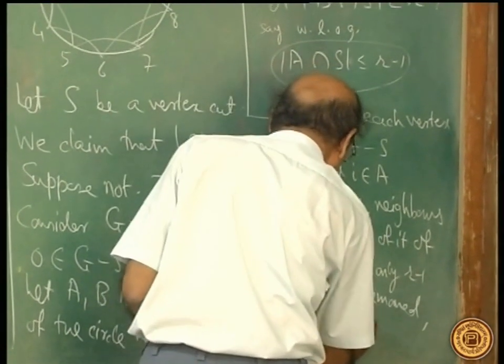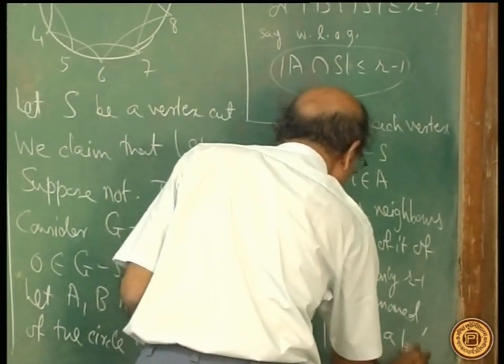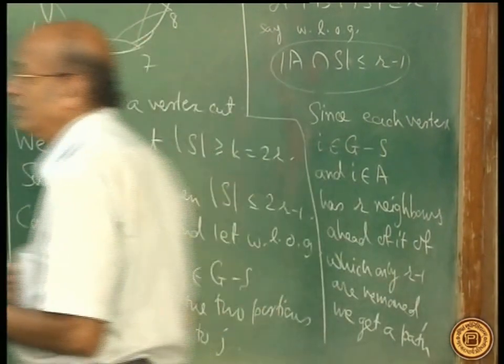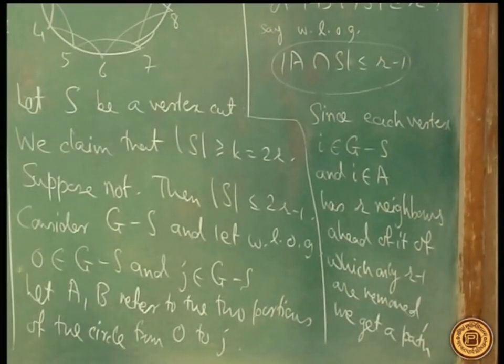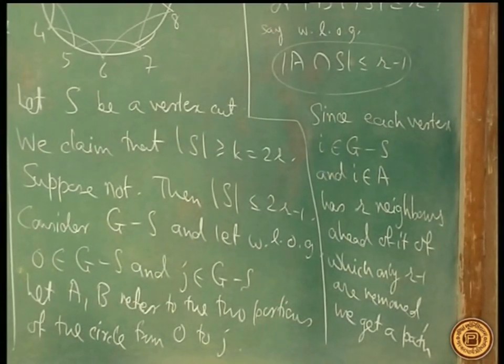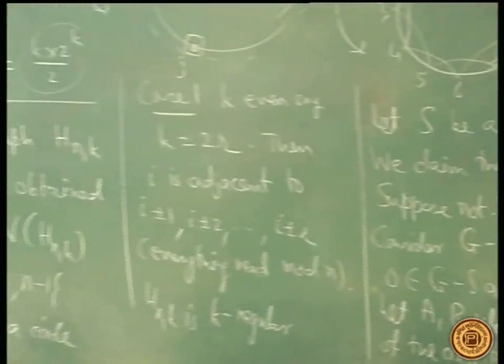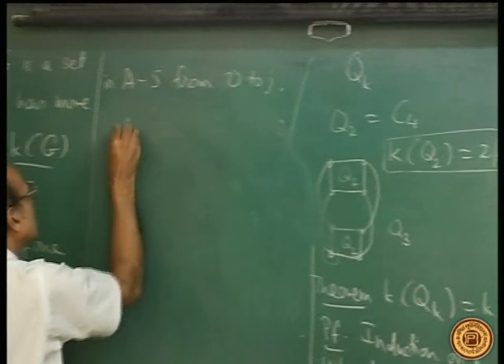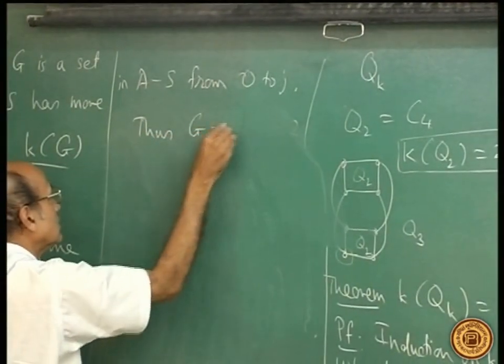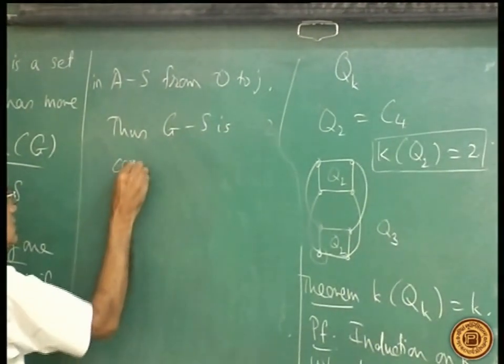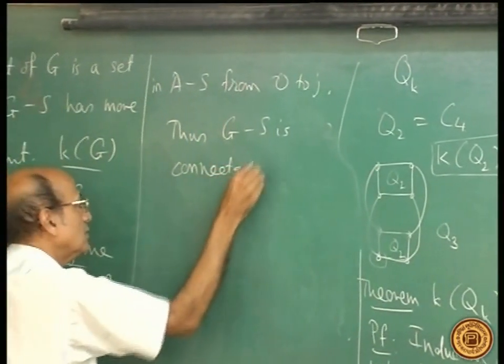We get a path in A without S. Thus, a contradiction.